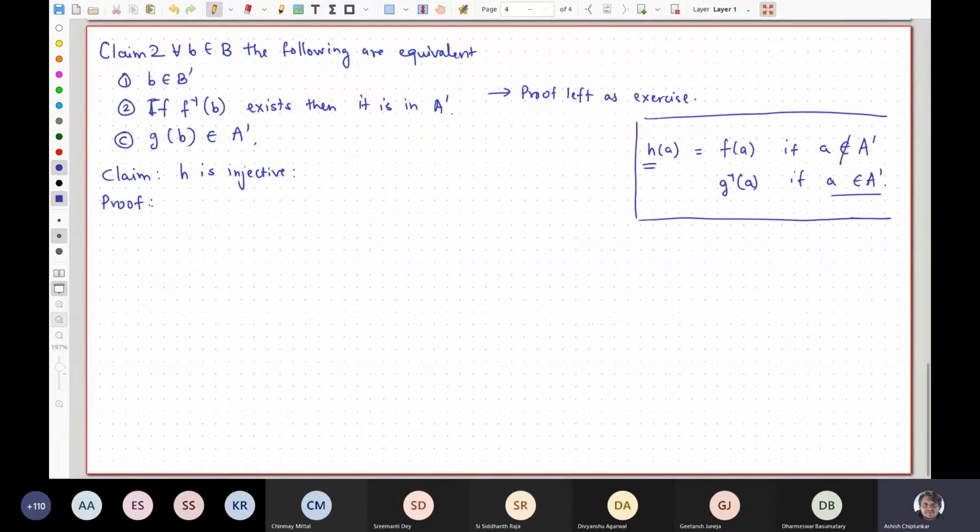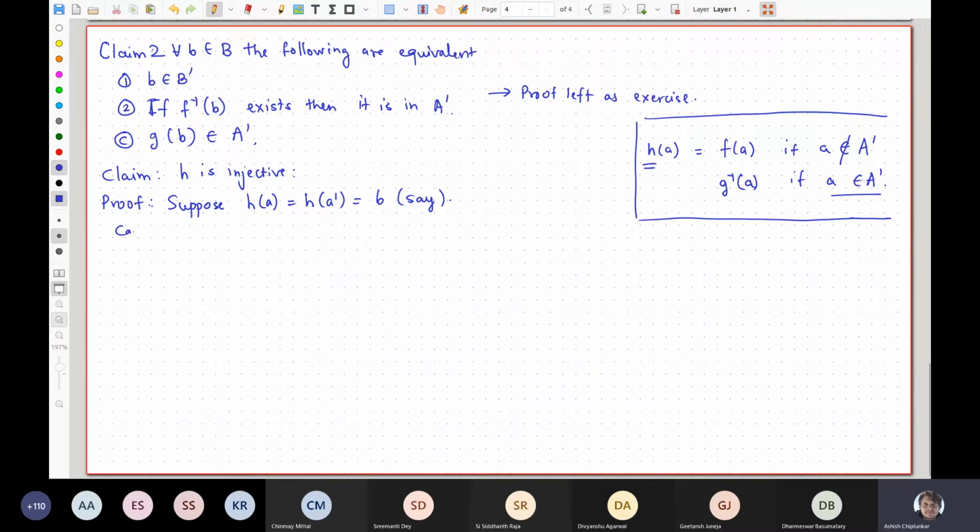Okay, so why is H injective? So suppose H of A is equal to H of A prime is equal to some B, let's say. Okay, so now we need to prove that A is equal to A prime.